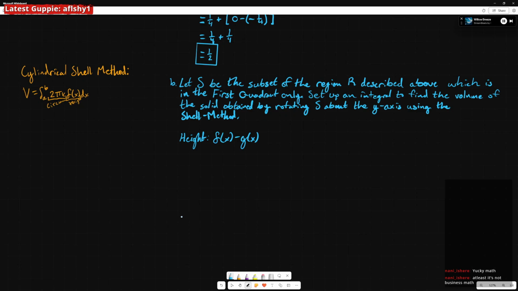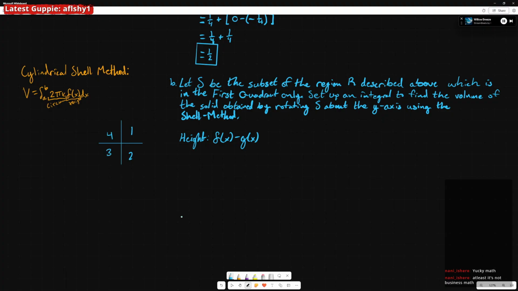In our first quadrant, if I'm remembering correctly, this is 1. I think it just goes clockwise.